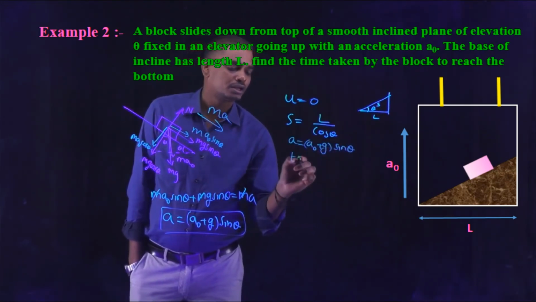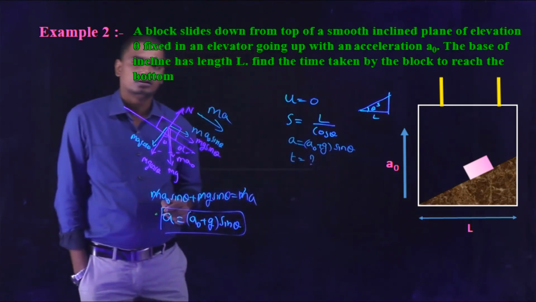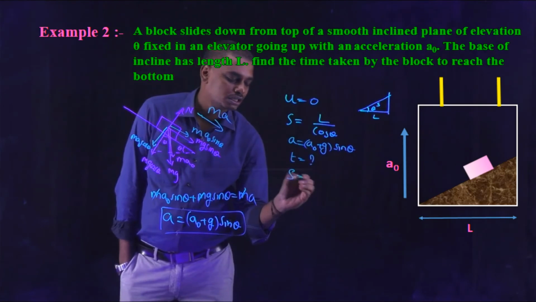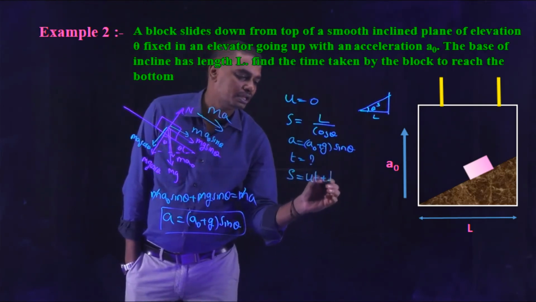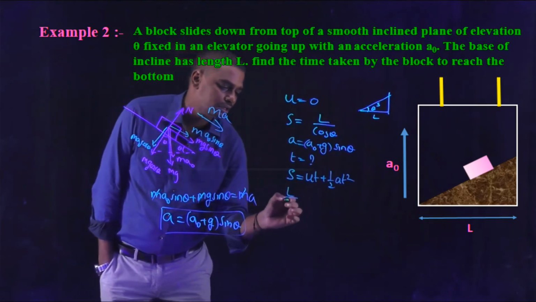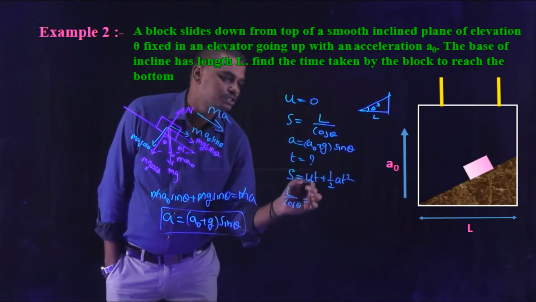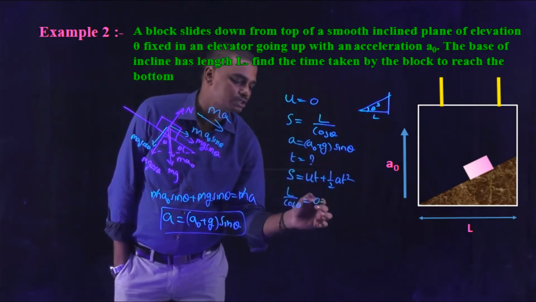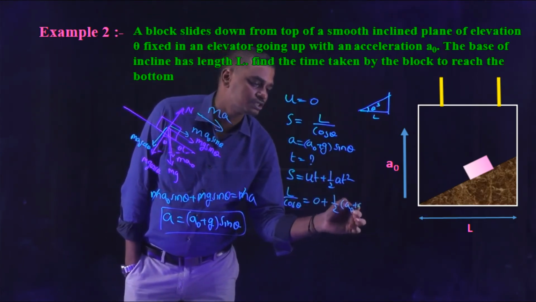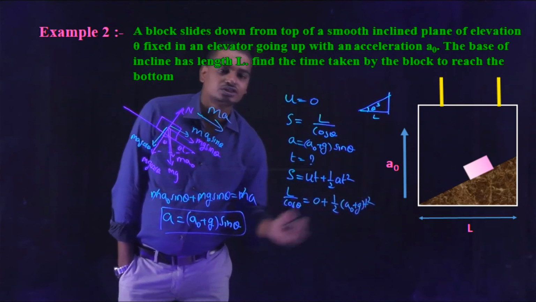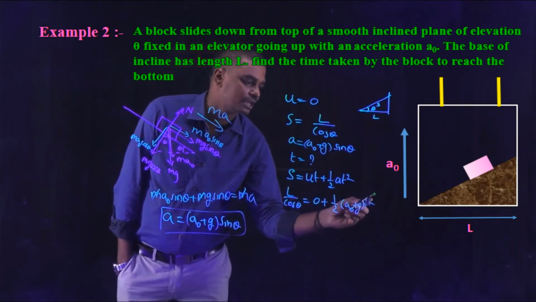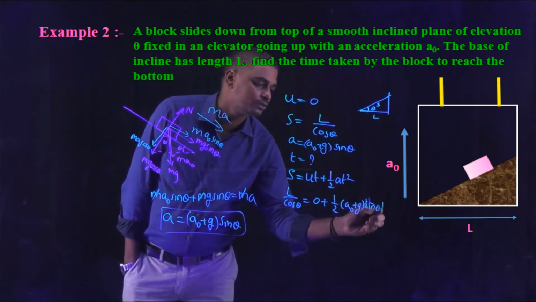We need to calculate the time, right? So by using the kinematic equation, S is equal to ut plus half at square. S is nothing but L by cos theta, which is equal to u, the initial velocity, which is 0, plus half into acceleration, (a naught plus g) into sin theta, into t square.